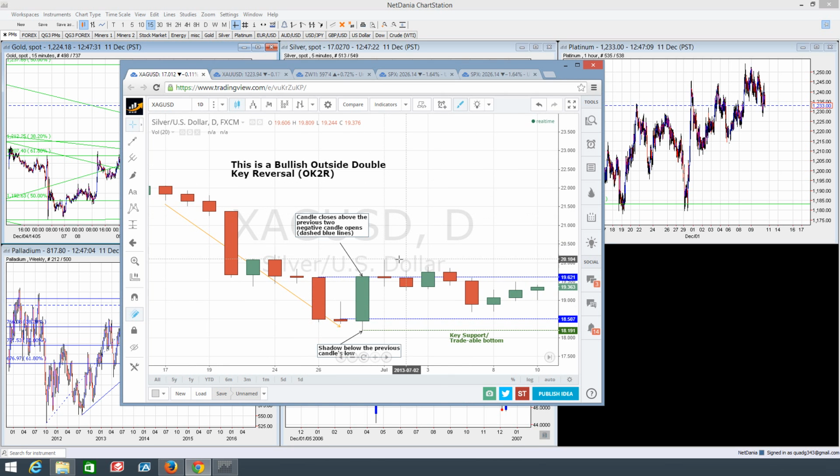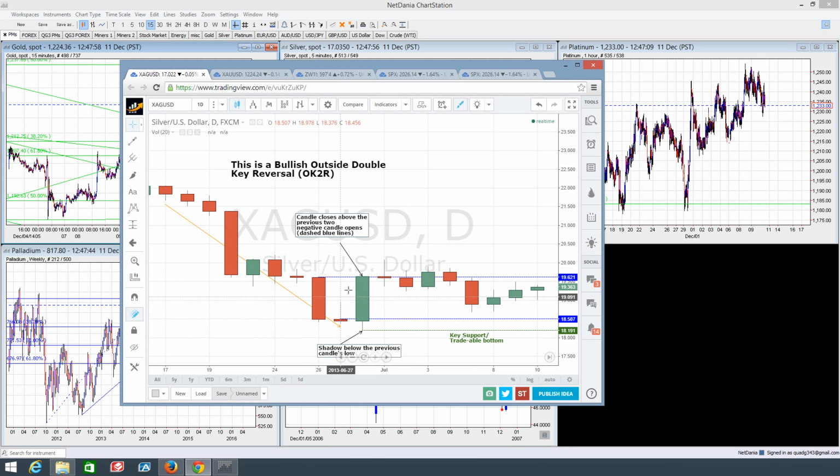And you can see here the reason that it's an outside key reversal is because the intraday price movement, the shadow of that day, came down below the previous candle's low. So from that point, it reversed and came up and closed above 1-2 previous negative candle opens.